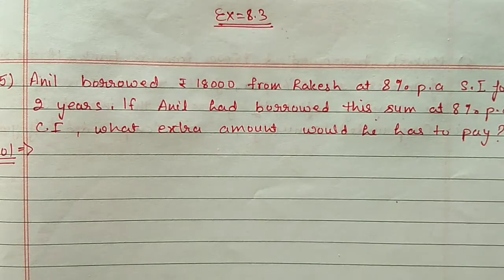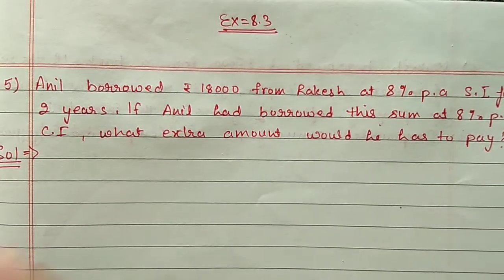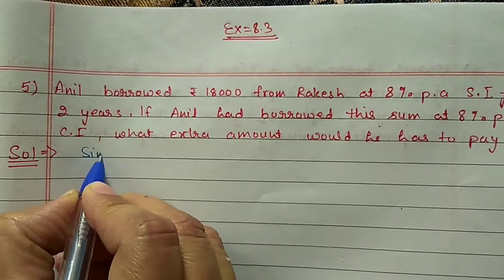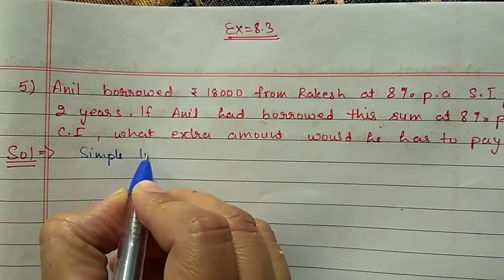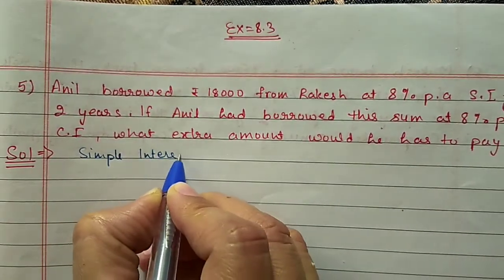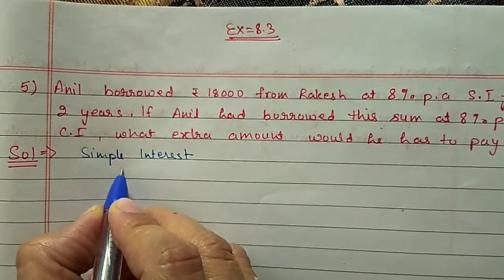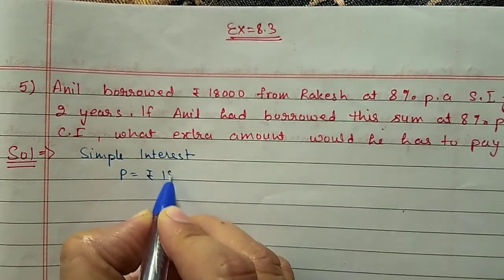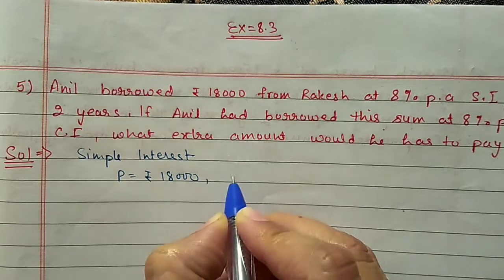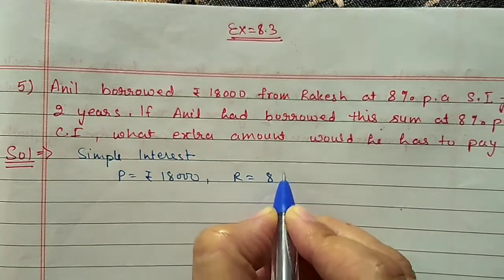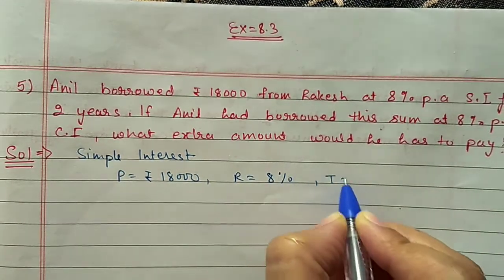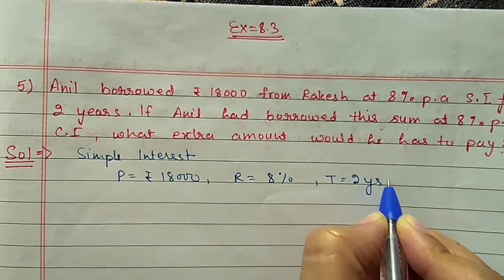So first we will find out the simple interest. Principal money is 18,000. Rate of interest is 8% and time is given for 2 years.